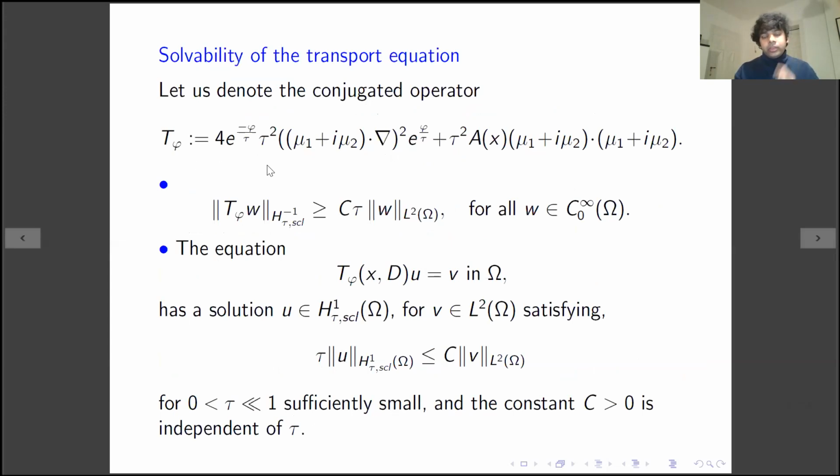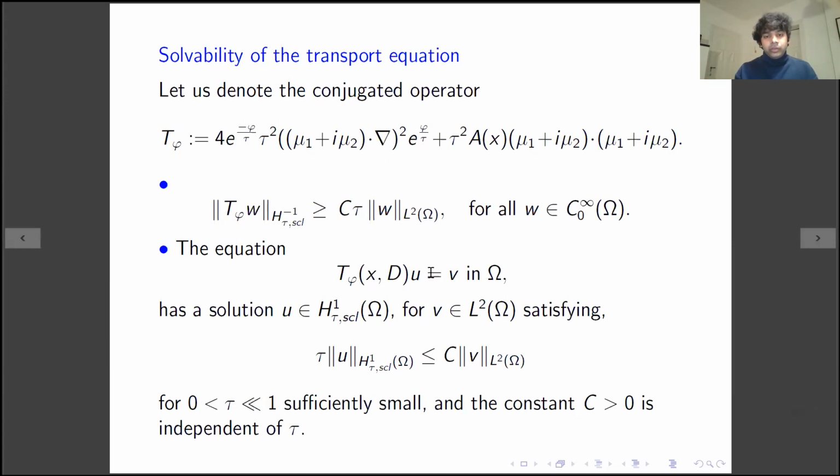So this is the conjugated form. We denote this by T phi. As I mentioned, we have this L2 to H1 estimate, and then we can prove the H minus 1 to L2 one.